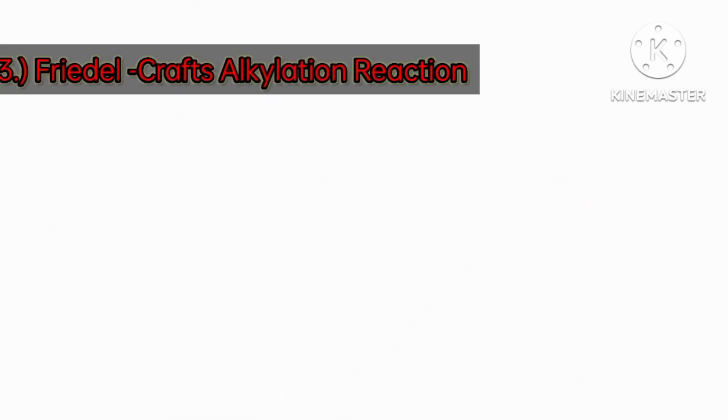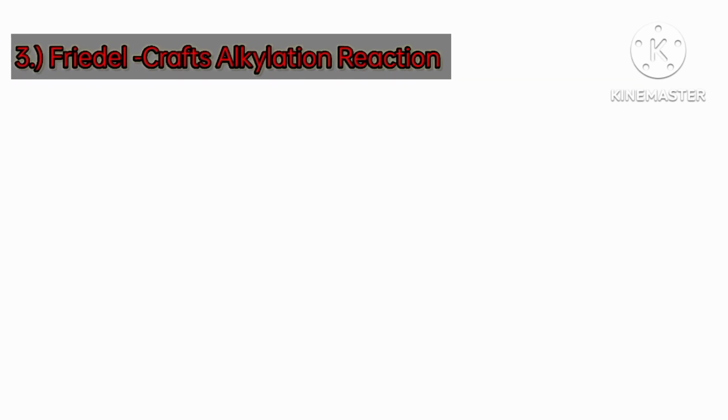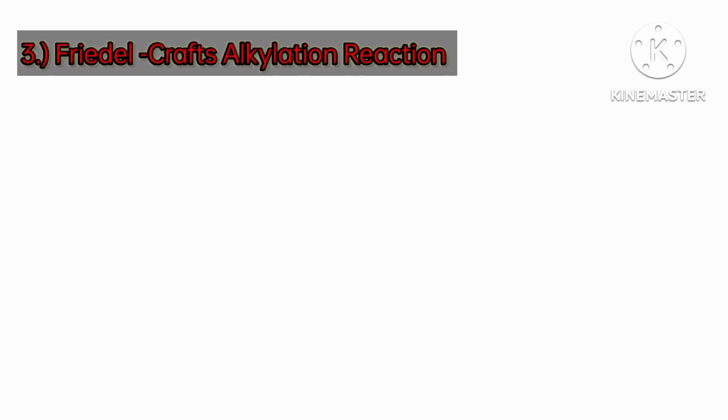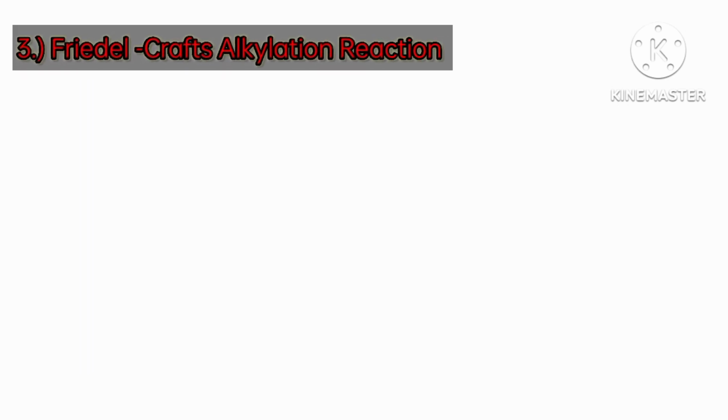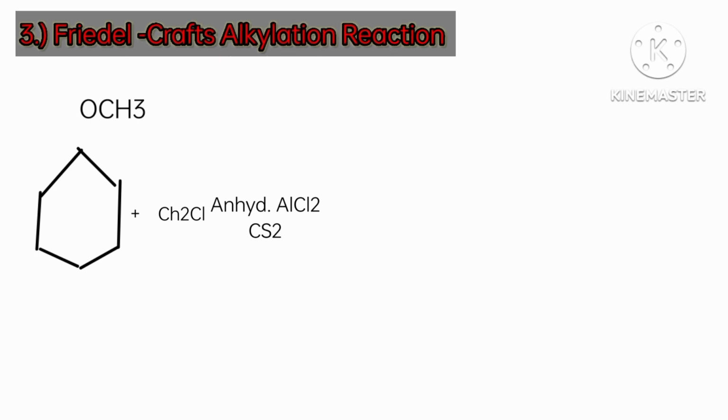Last is the Friedel-Crafts reaction. These are a couple of reactions created by Charles Friedel and James Crafts in 1877 to attach substituents to aromatic rings. These reactions are of two types. First is the Friedel-Crafts alkylation reaction, replacement by an alkyl group.